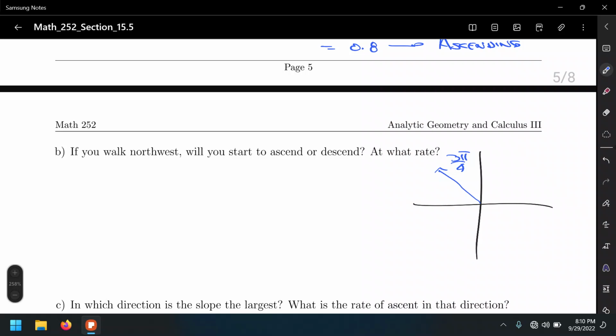We need a unit vector, in a similar way that we got the vector 0 comma negative 1 to describe the motion in the south direction.